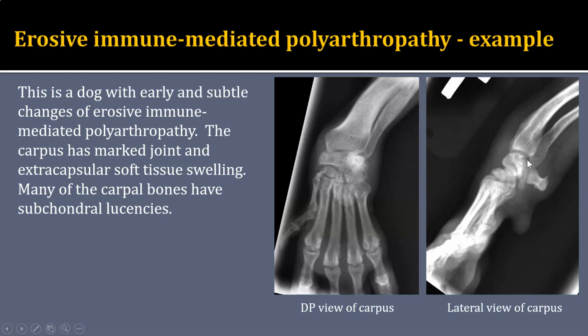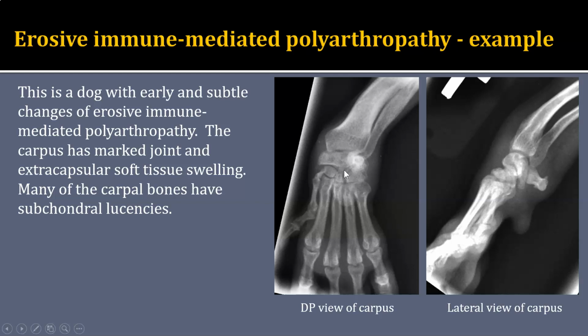So we have orthogonal views of the carpus, and the main finding I see is that there is moderate intracapsular soft tissue swelling of all of the carpal joints, and a little bit of intracapsular soft tissue swelling probably of this fifth metacarpophalangeal joint. There's some more swelling here dorsally of either that same metacarpophalangeal joint or some other metacarpophalangeal joints.